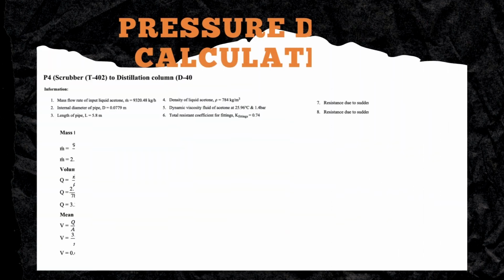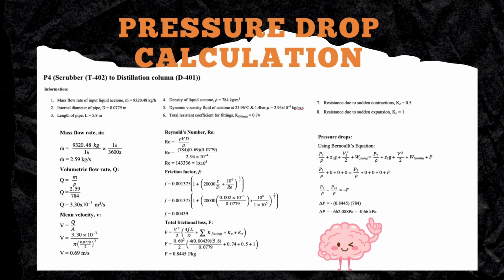Now, let's go through the pressure drop calculation step by step. First, we calculate the volumetric flow rate using the mass flow rate that we determined in chapter 1 by dividing by the fluid's density. Next, we determine the velocity of the fluid using the volumetric flow rate and pipe dimensions. Then, we calculate the Reynolds number to check if the flow is laminar or turbulent.